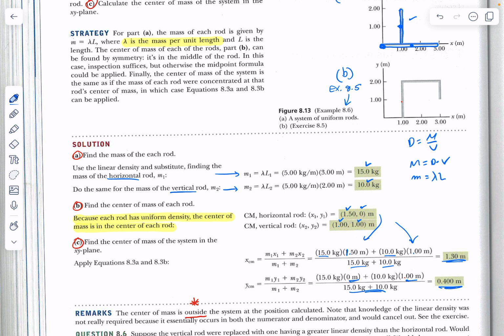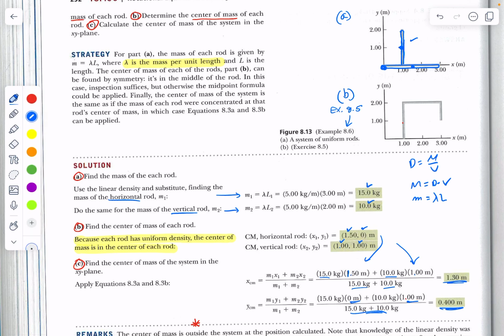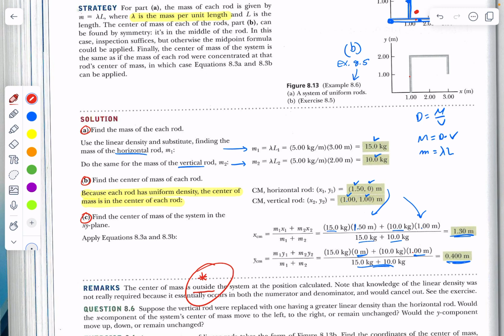And so that means the center of mass of this system is going to be X 1.3 meters and then Y up 0.4 meters. So the center of mass is located there. Now, the interesting thing about that is the center of mass is located outside of the system. It is not in the system at all.